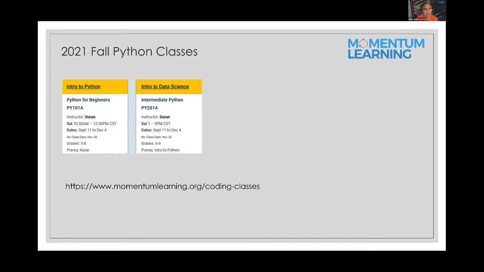This is for the introduction to Python, which is for the fall, and the grades are 5 to 8. The intermediate Python or data science is for grades 6 to 9.